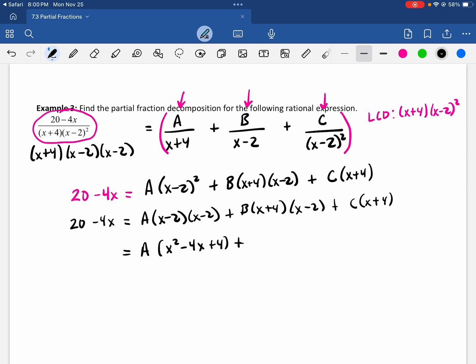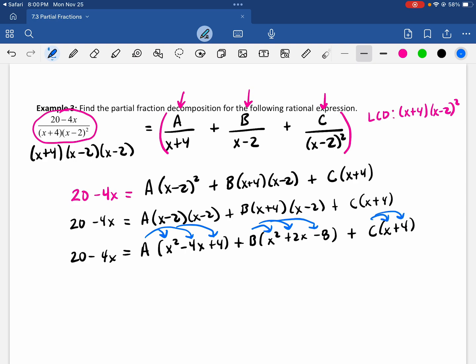When I FOIL the second one out, that is going to be x squared plus 2x minus 8. And we're going to do some distributing here. So distribute the A, distribute the B, distribute the C.